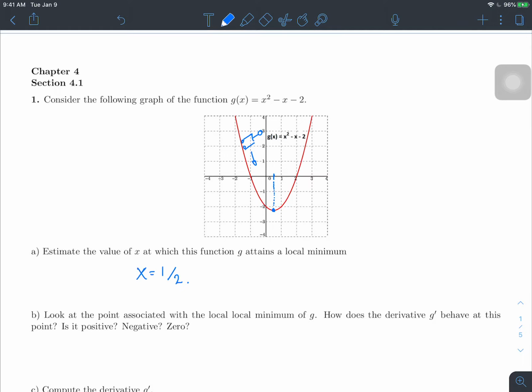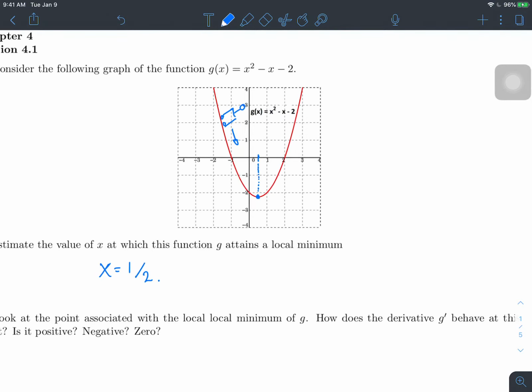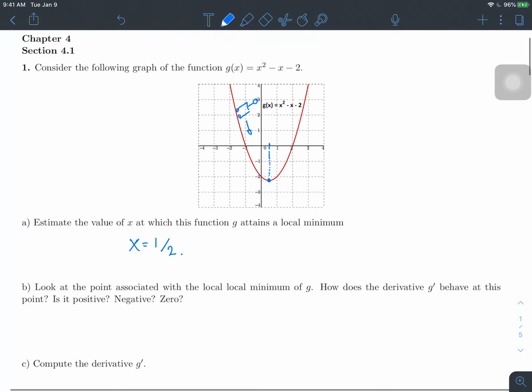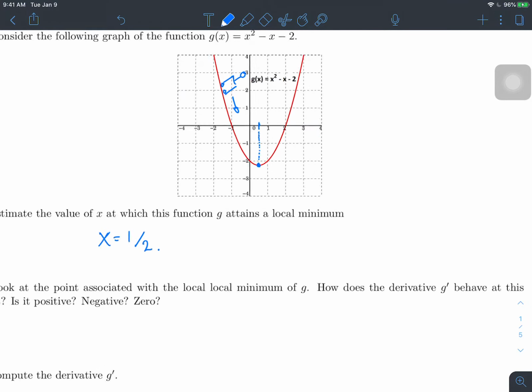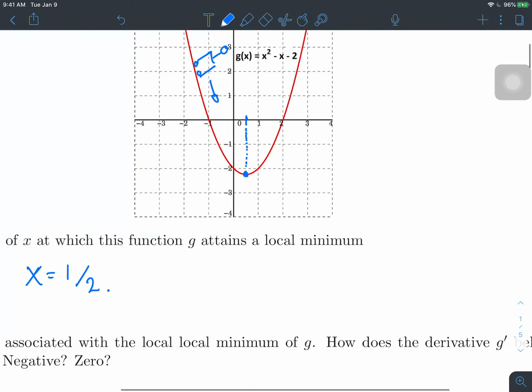Okay, so that's just a visual problem. Now we're supposed to look at the point associated with the local minimum of g. Let me ask you, what do we think is happening with the derivative of this function at this point, the blue point at the very bottom? What value do we think the derivative is taking at that point? Yes? Would it be 0?